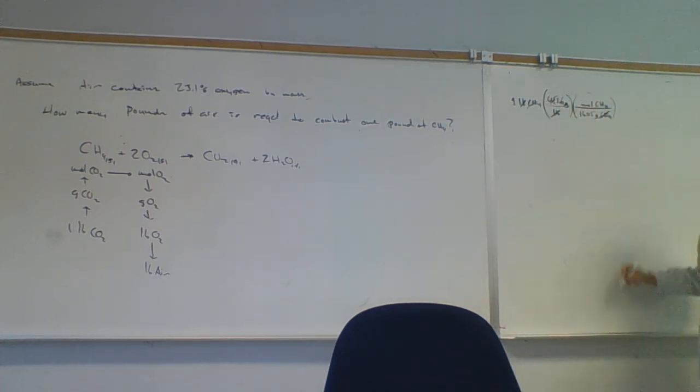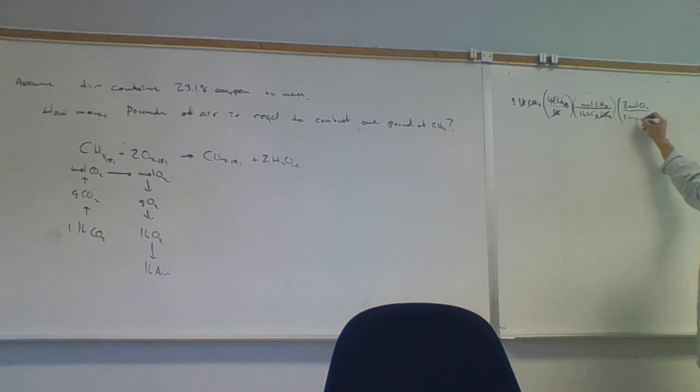And then I could do a mole to mole conversion, and that is I need 2 moles of O2 molecules for every 1 mole of methane molecules. And so the moles of methane molecules cancel, at least with moles of O2 molecules. And then I need to do a mole to gram conversion using the molar mass. And so it's 32.00 grams of O2 for every mole of O2.